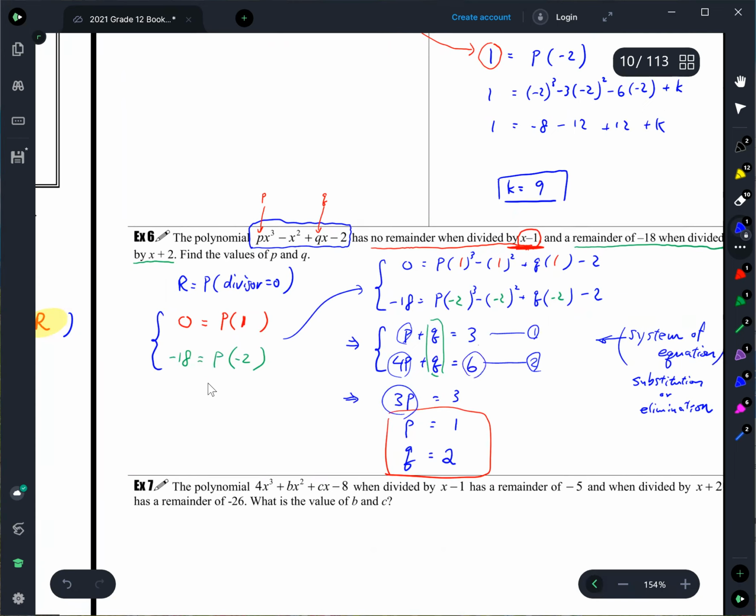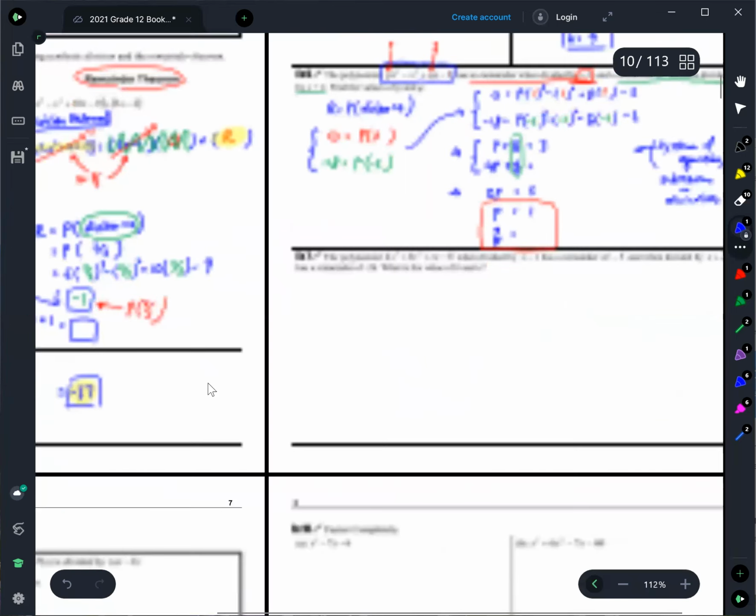And then 6 minus 3 gives you the 3. Okay, this is from system of equations. Do you remember that from last year? Yeah, okay, so just cancel out one of the variables, then you can solve for the p. Okay, good. All right, so let's move on.